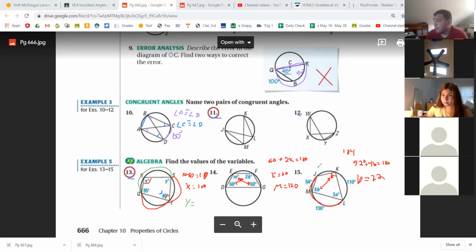And then A, same situation. I don't know what J is, but I have the blue arc of J. I have enough information to tell that. 130 plus 110 should be 240. If that's 240, I could cut that in half, and that's 120. So this J angle is 120. That means 3A plus 120 should give me 180.